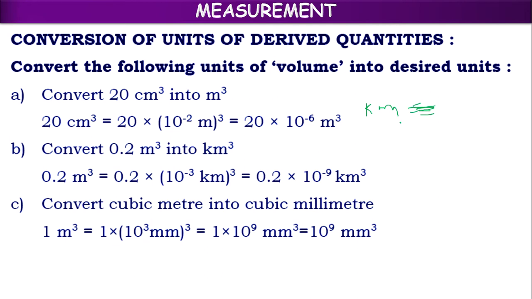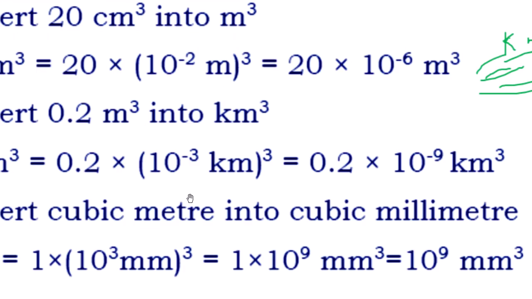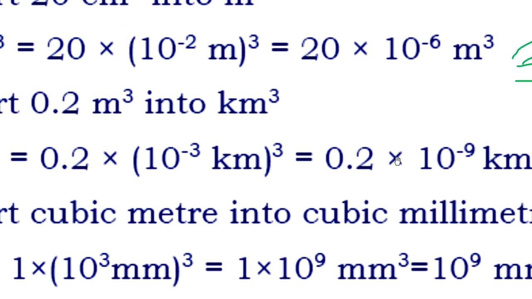Kilo means what does it mean? 10 power 3. Kilo means 1000. So kilometer equals 10 power 3 meter. But we have to convert meter into kilometer.